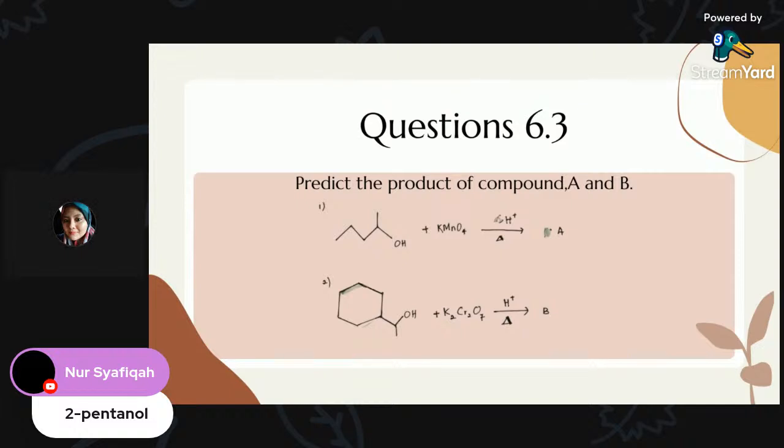Ada yang cuba? Ada yang nak cuba? Apa nama produk tu? Yes?